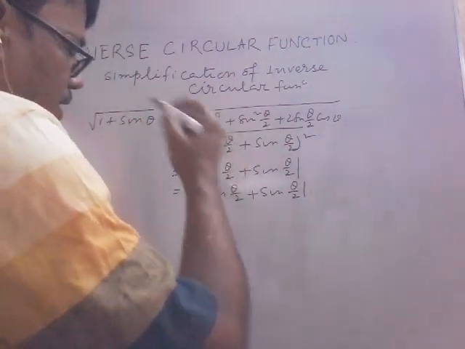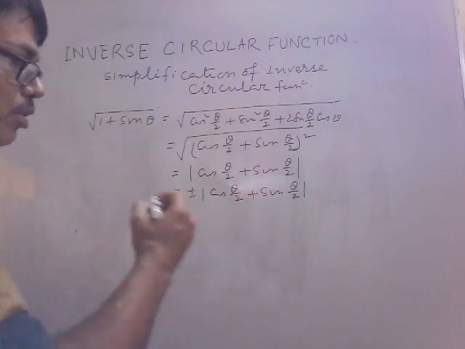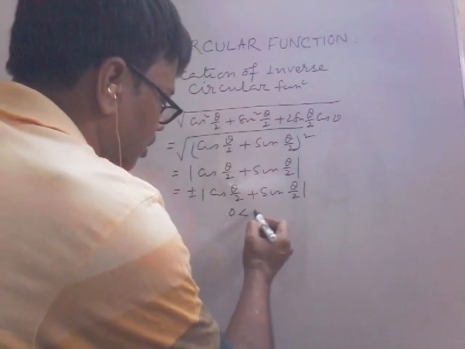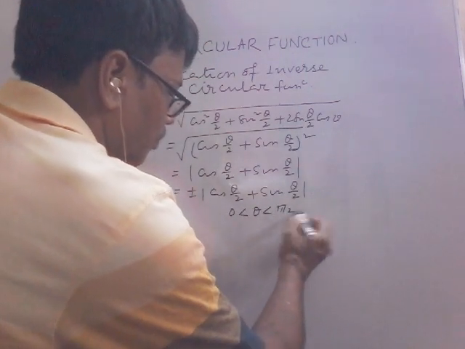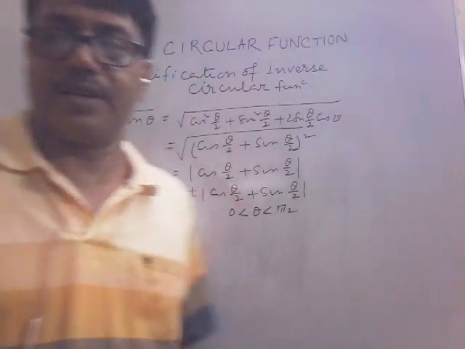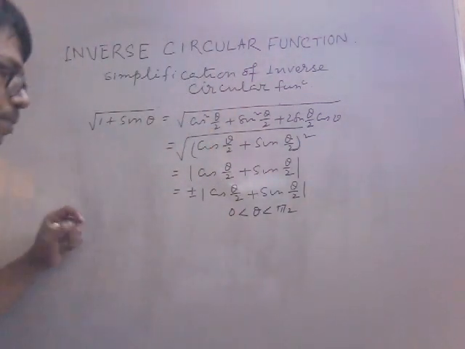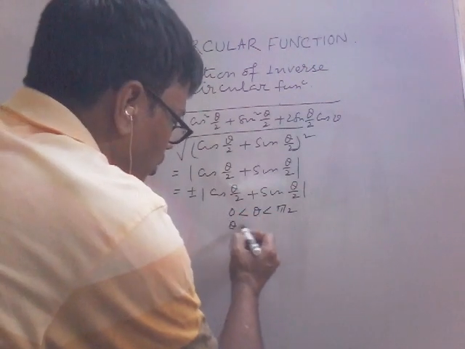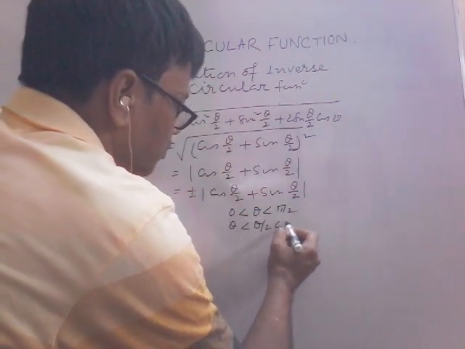But if restriction is given, if restriction is 0 less than theta less than pi by 2 in first quadrant, then what is value of theta by 2?